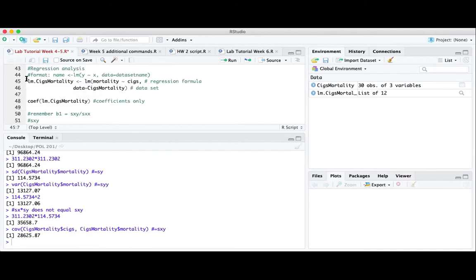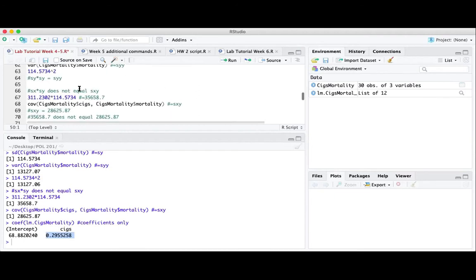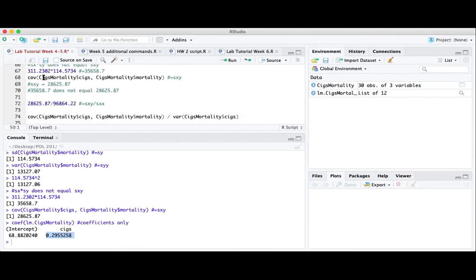Remember that we created our list that includes all of the information from the linear model. And we use the coefficient command to give us the regression coefficients, B1 and also B0, right? So this is B1. And RStudio got this value precisely by doing these calculations here, SXY over SXX.